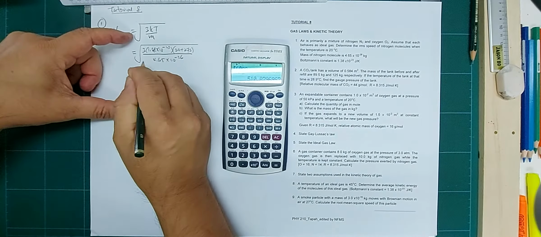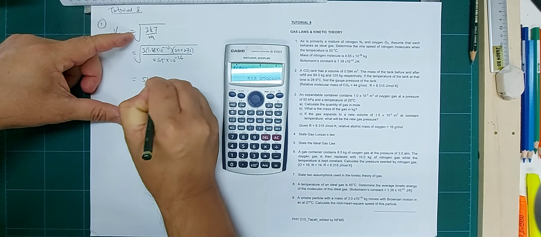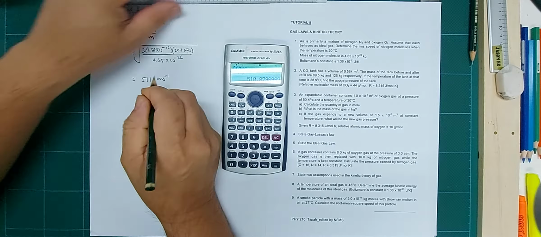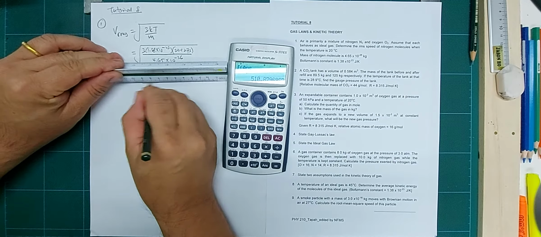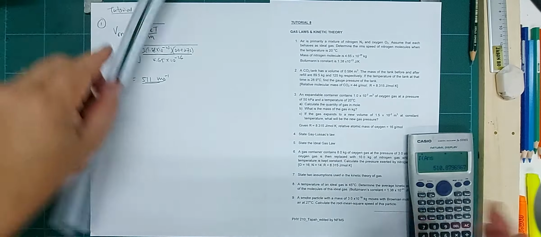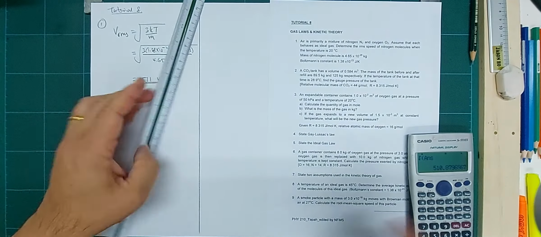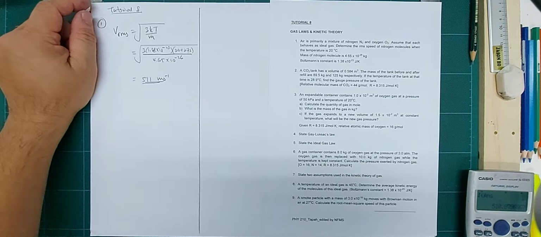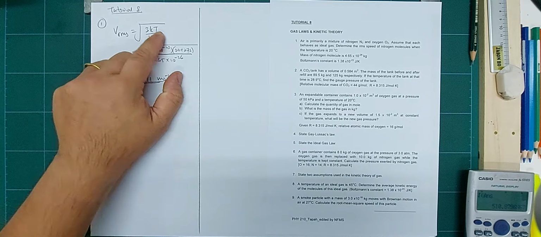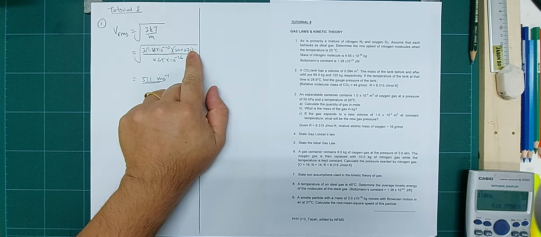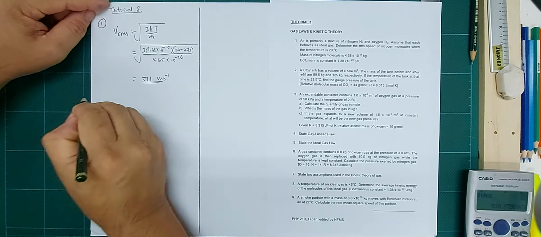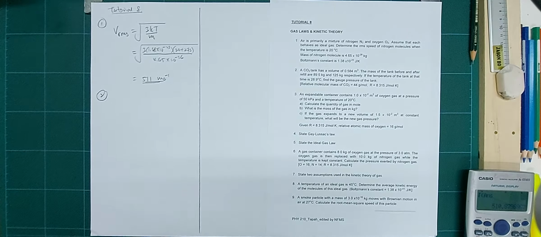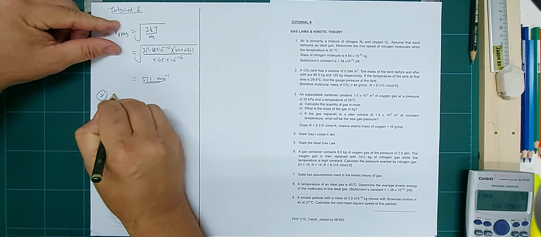So we have 511 meters per second. Imagine how fast that is. Very fast. That's question number 1. The main thing you have to remember is the temperature must be in Kelvin, in absolute temperature.